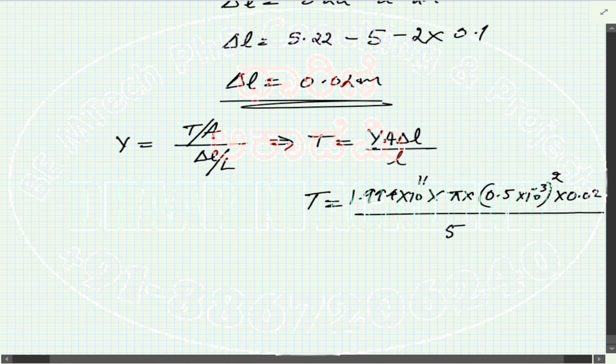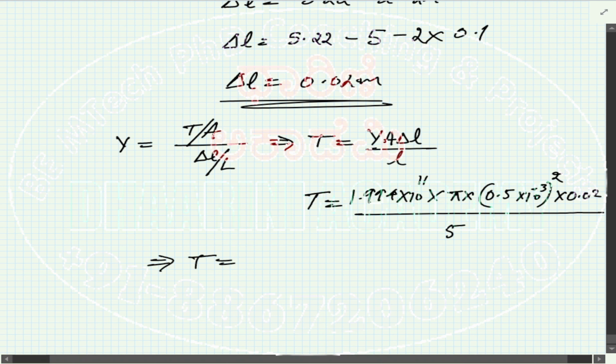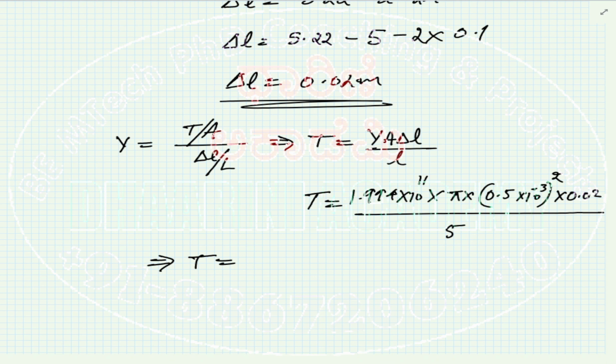All right, now let's calculate this value. The tension is equal to 1.994 into 10 to the 11 pi, 0.5 into 10 to the minus 3 whole square, into 0.02 by 5.